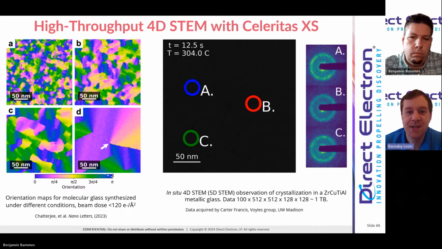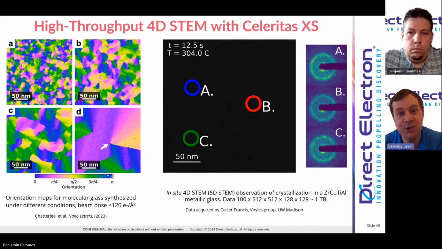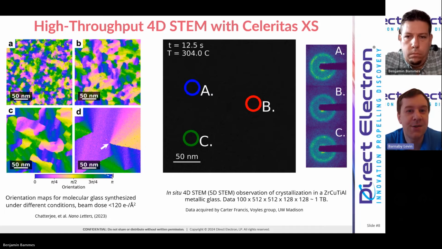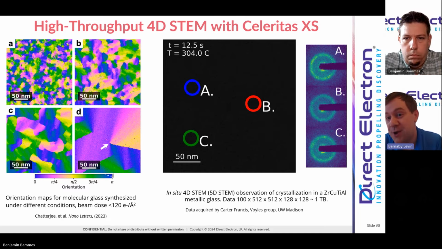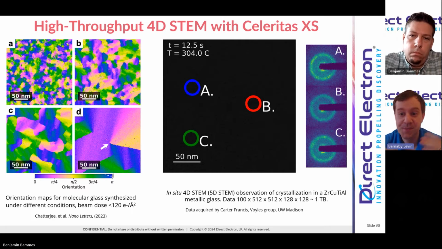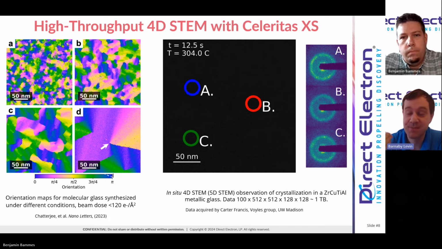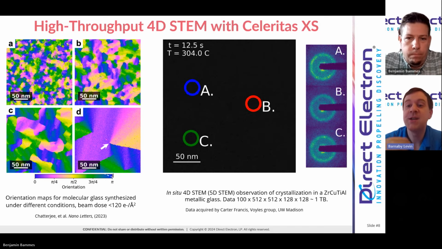In this 5D data set, you can see an in situ image series. Because this image series was recorded in 4D STEM, at each point in the image you can also look at the crystal structure at that point. So you can see spatial variations in crystal structure with time and how the specimen crystallizes differently at different times. An incredibly powerful type of data set that you can't acquire in traditional 2D STEM.